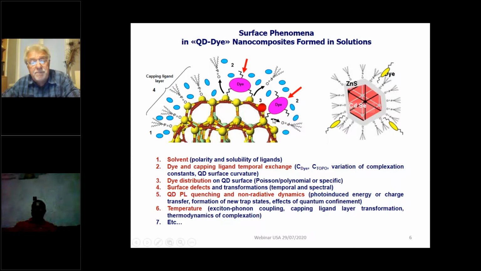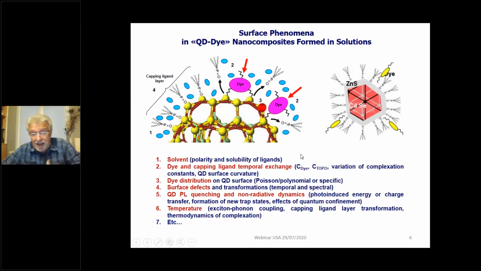So when we prepare quantum dot dye nanocomposites, we should take into account the influence of solvent. Then we should take into account the distribution of dye molecules on the quantum dot surface, and in order to analyze all these photophysical processes, we should use temperature experiments to test exciton-phonon coupling in such systems.